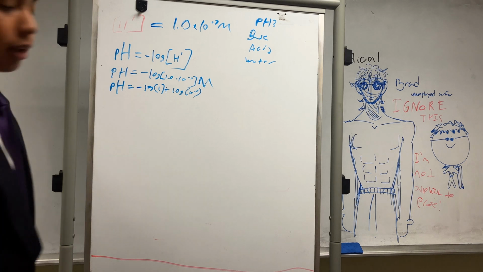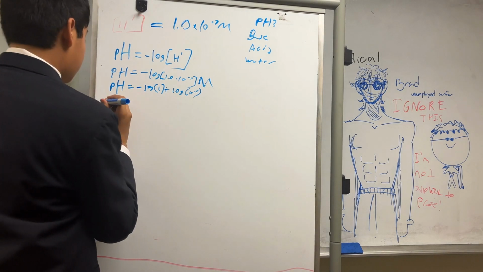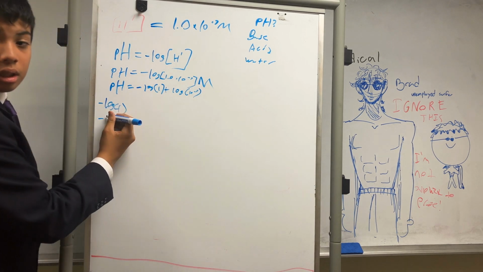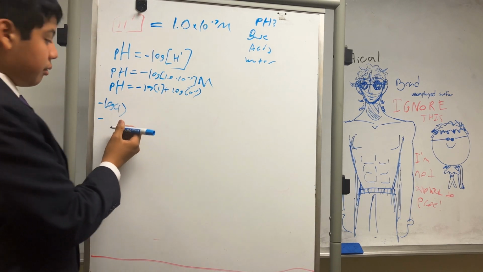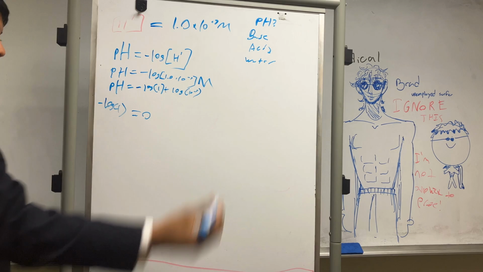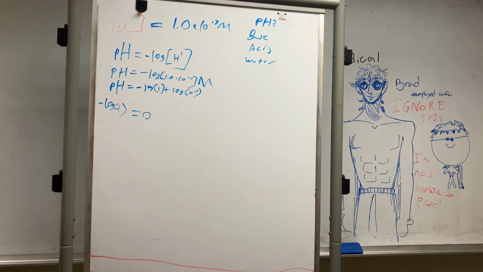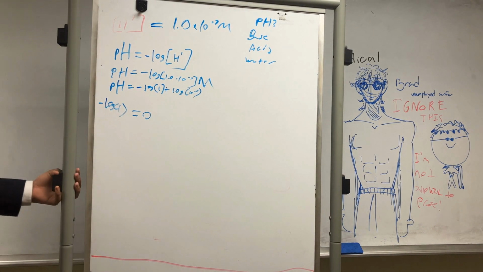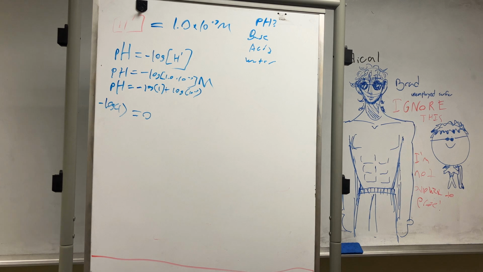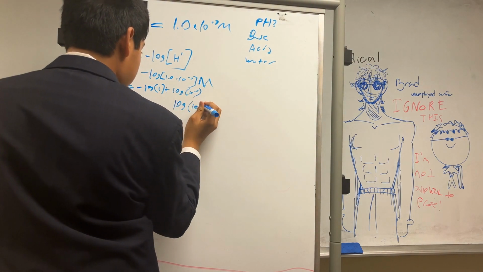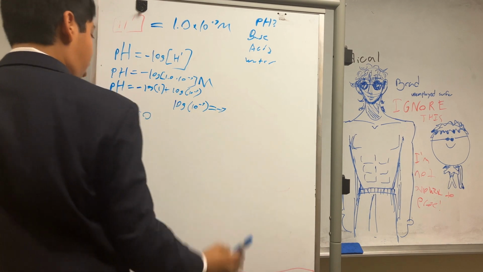So after that, negative log 1: log 1 would be 0, because that's how logarithms work. Log of 1 is 0, because any number to the 0 power is 1. And then log 10 to the negative 7 will be negative 7.